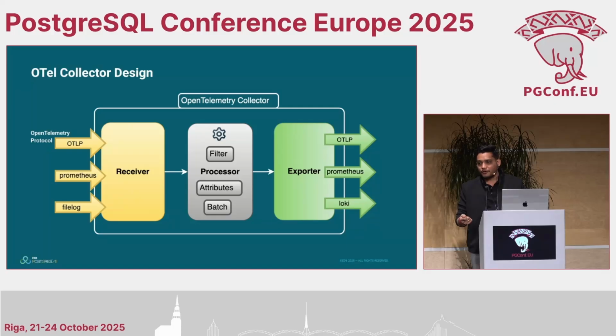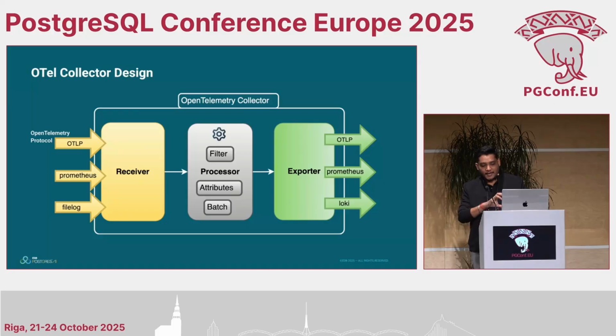In the case of Postgres, we have the logs, so we can use something called the filelog receiver to tail them and get the data into our OpenTelemetry collector. Then we have OTLP, the OpenTelemetry protocol. When we use the SDK in our microservice or any application, it emits the data in OTLP form, which is very efficient and can be plugged in again and again.